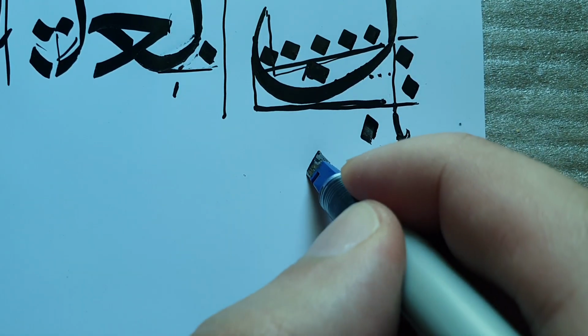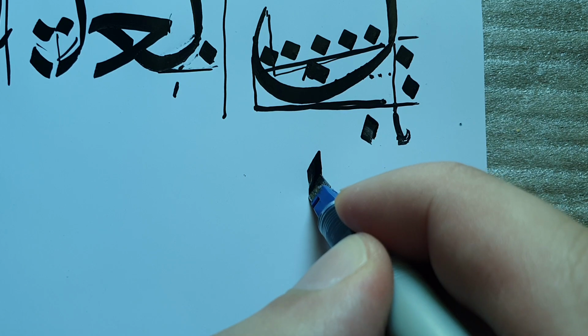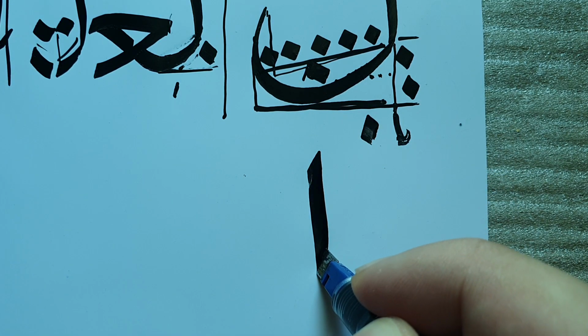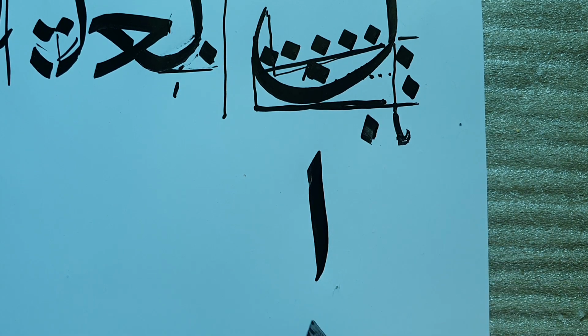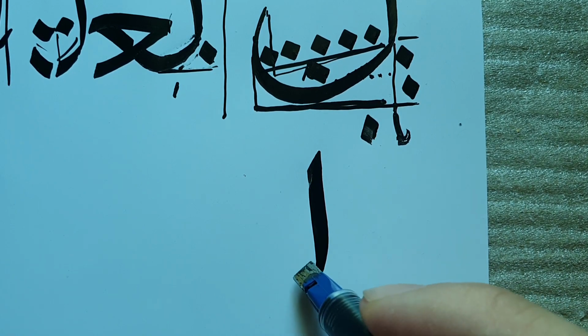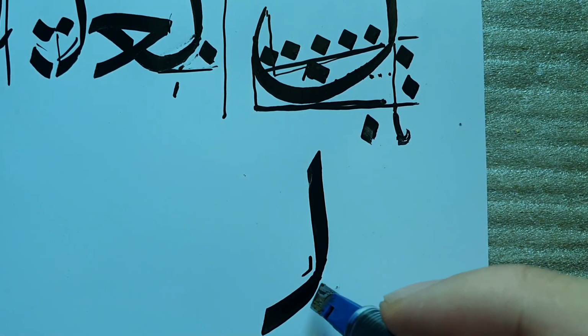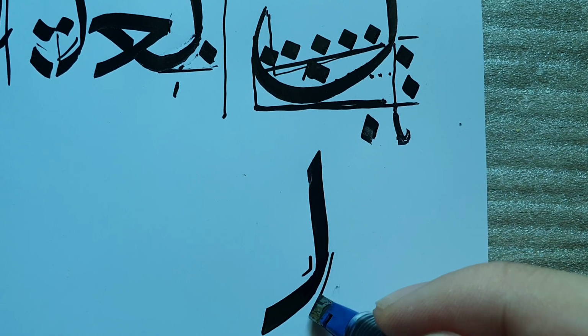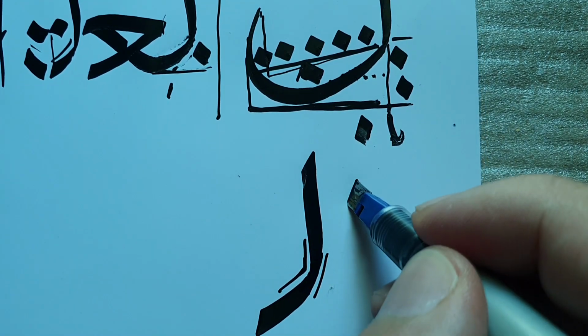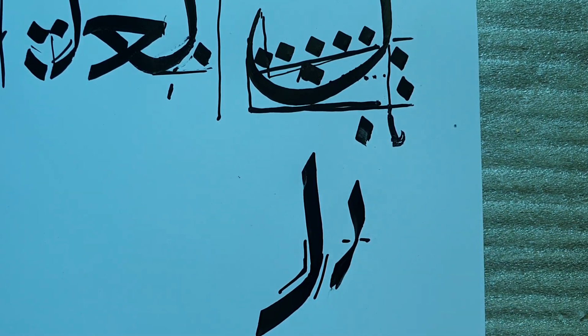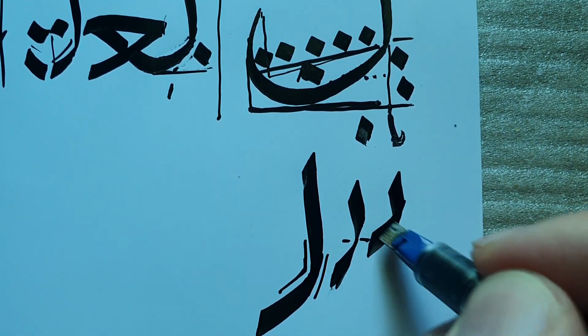So again, when you go down, as you can see, if you were doing the alif ending, this is where it ended, you will typically start from here with a nice angle to the left. And this is what I'm talking about, this curve back here and this tiny part. It is not that thin, but it is not this thick.